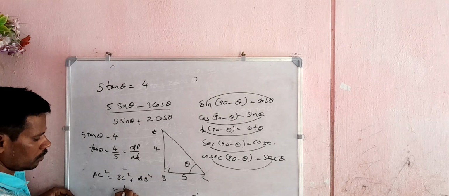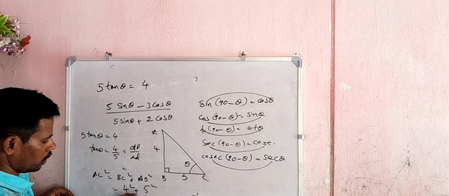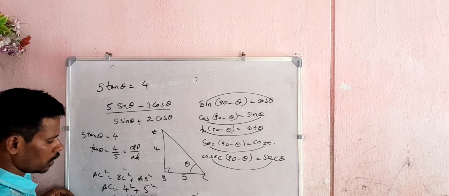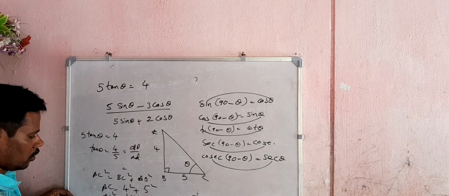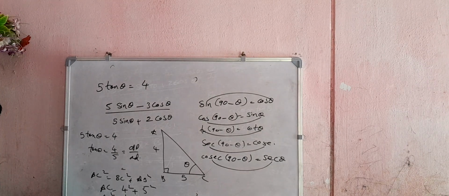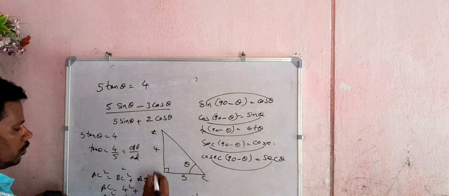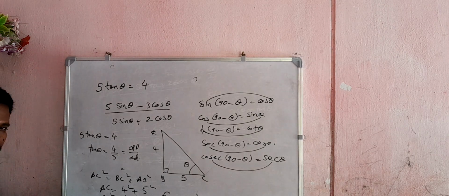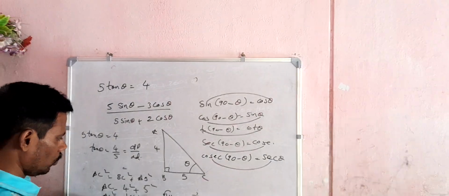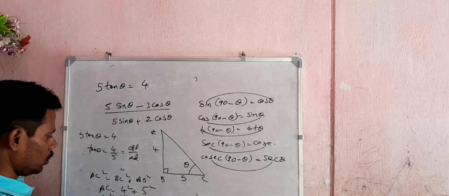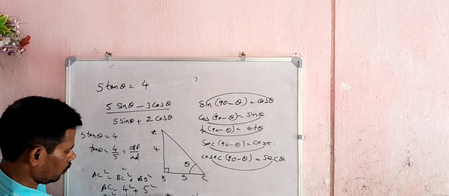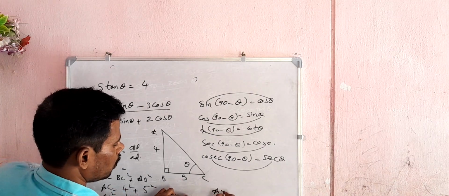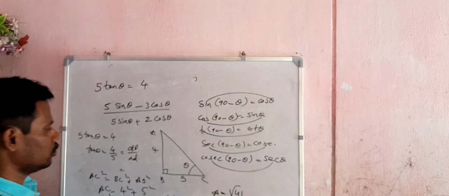This is nothing but 4 square plus 5 square, 16 plus 25, which is 41. AC square is equal to 41. Then AC will be root 41.